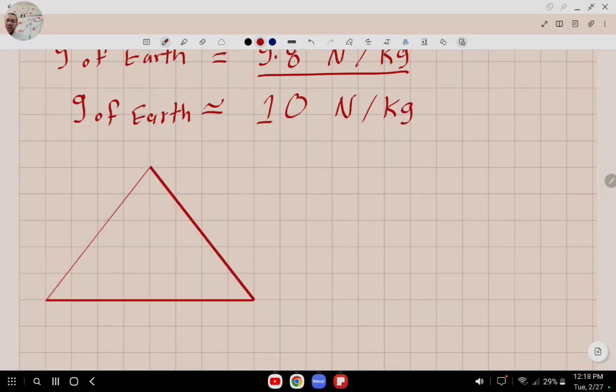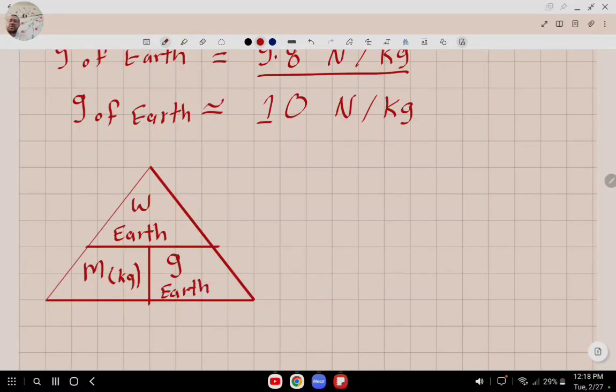Okay, we can draw a triangle to calculate the weight of the object. Weight on Earth, for example, equals mass in kilogram times G of Earth, because we talk about the weight on the Earth.